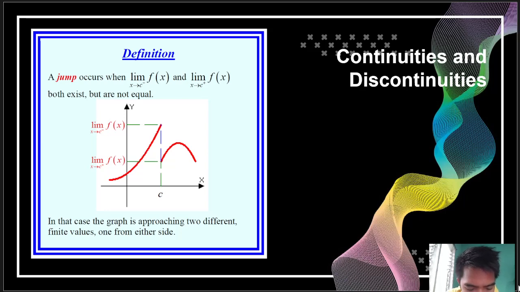In that case, the graph is approaching two different finite values, one from either side.